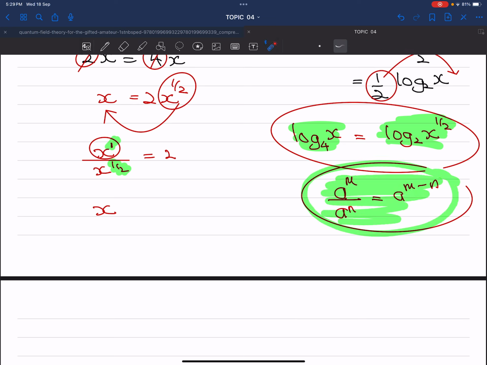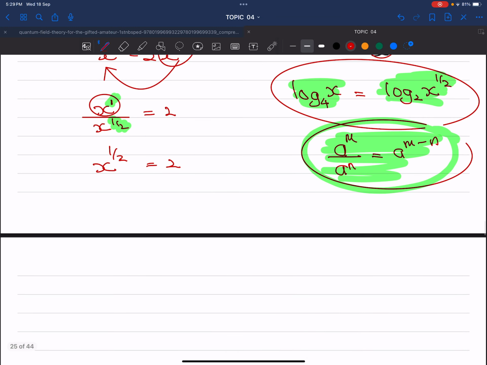So now power 1 minus power half, I'm going to get power half equals to 2. And finally, power square root, when you transfer, it becomes square, power 2. On the left hand side, only x is left. So finally, our answer x equals to 4.